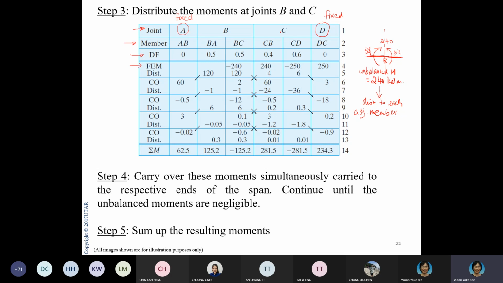Now if I look at joint C, what do I have? Joint C here, I have 240 on this side and 250 on this side. So what is my net unbalanced moment?